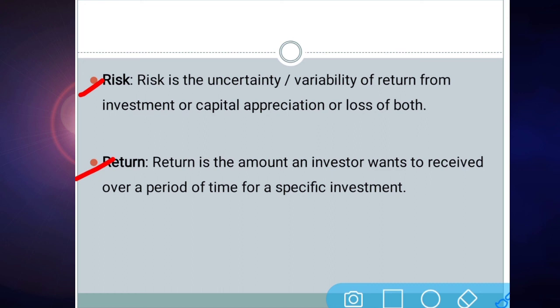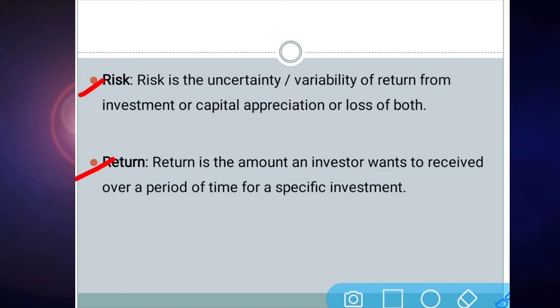And then comes return. Return is the amount an investor wants to receive over a period of time for a specific investment. If a person has invested a certain amount, then he expects that the amount increases over a period of time, and when he disinvests, then in return he will get some benefit, some profit.